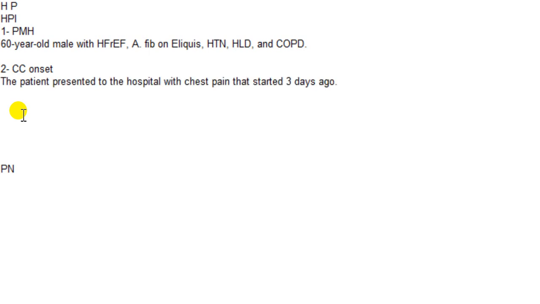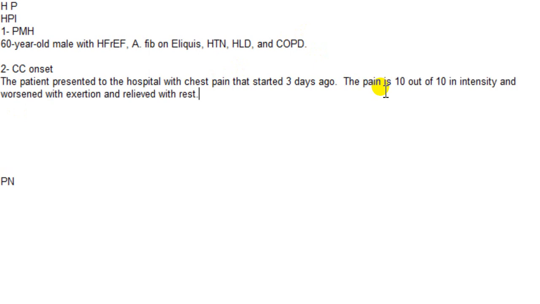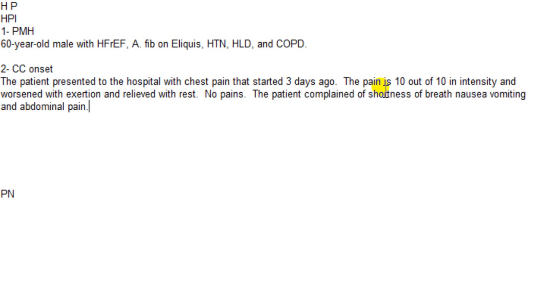The pain is 10 out of 10 in intensity and worsens with exertion and is relieved with rest, period. No previous episodes, period. The patient complained of shortness of breath, nausea, vomiting, and abdominal pain, period. Patient denies fever, leg swelling, and headache, period.